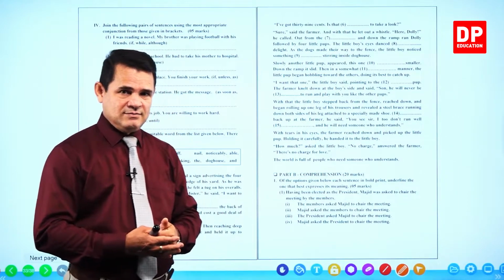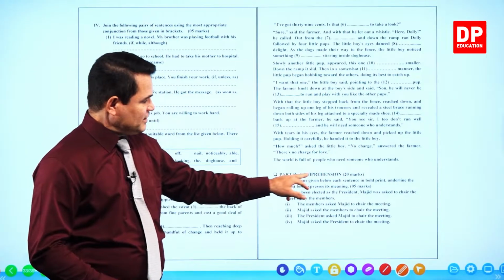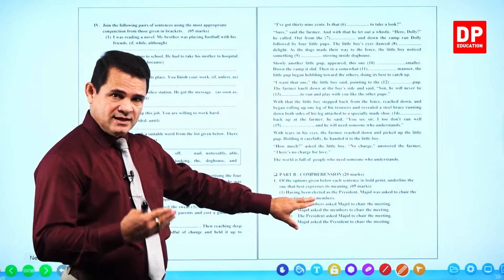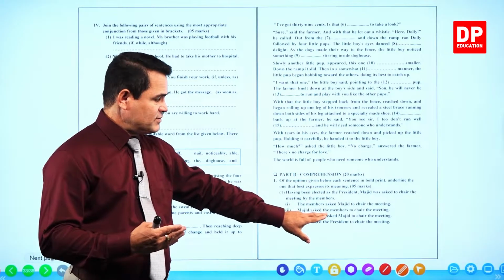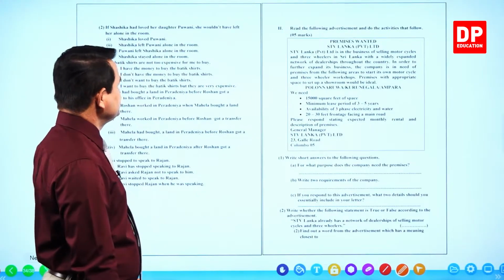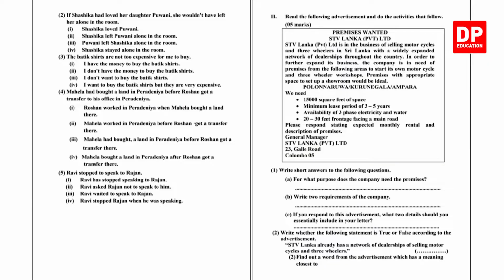Part B, comprehension. Reading comprehension. Here you have to read one sentence and get the meaning of it. Then after that you have another advertisement, and based on that advertisement there are some questions.